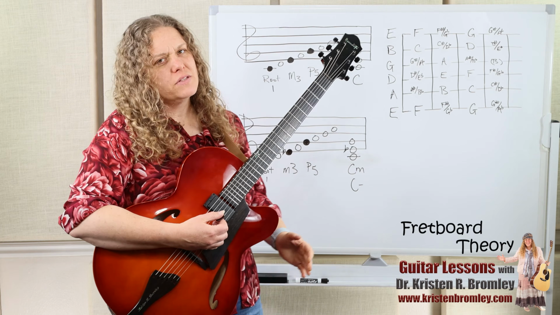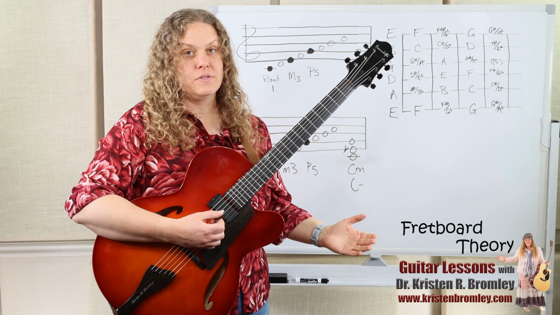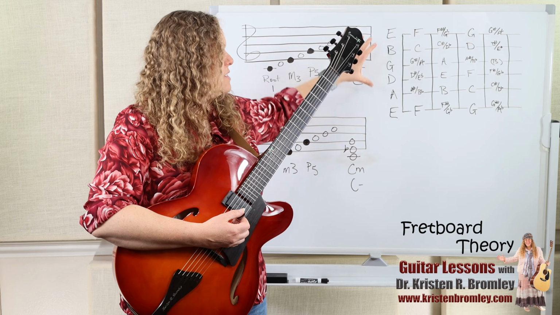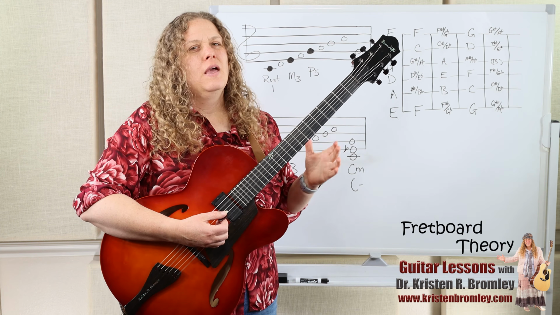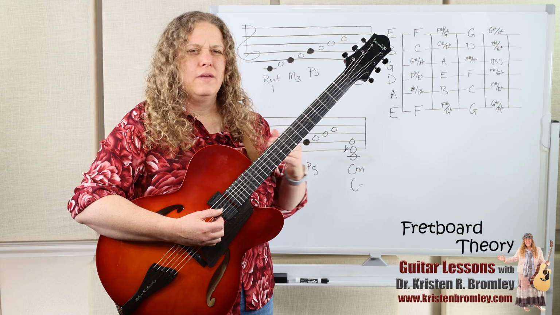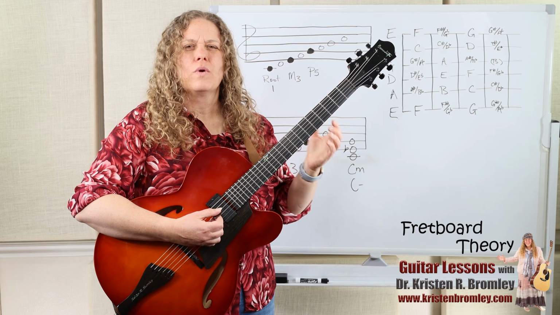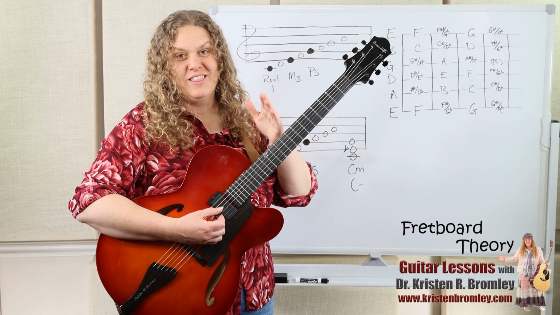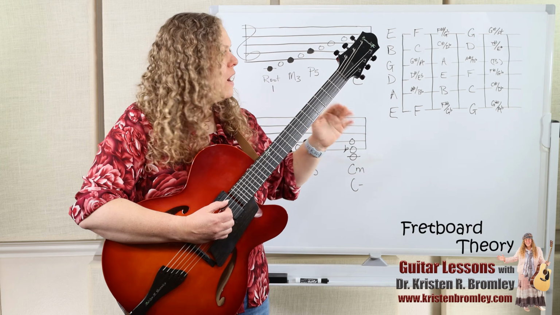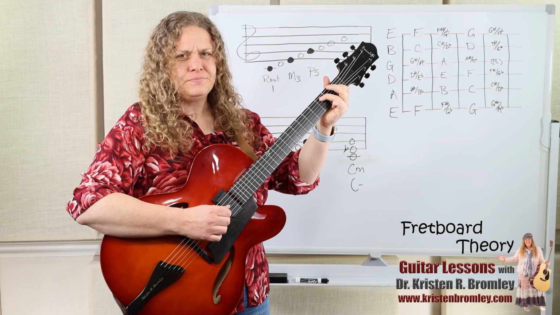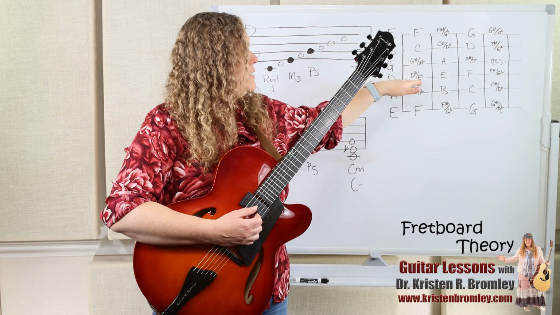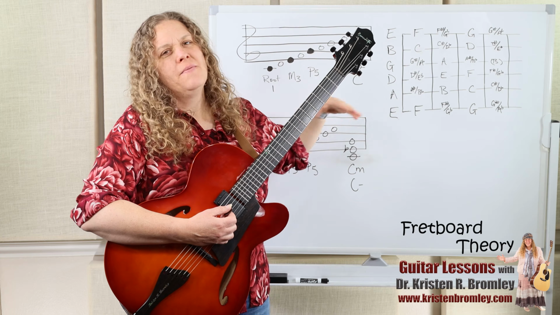Now, C minor doesn't work very well in first position. We need the E flat. That takes away our open strings, and it works as a minor chord, like a bar chord. We're going to work on bar chords and movable shapes in future lessons, not in this lesson. So other than to play that C as is, just these three, C, E flat, and the open G, that's comfortable.